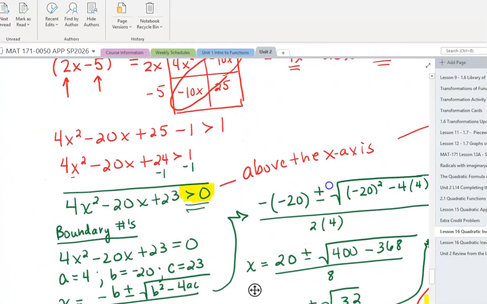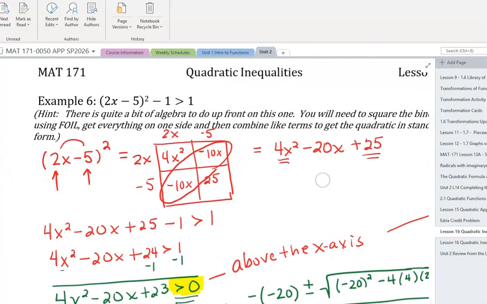If we go back up to example 6, the reason it's different is really because of this right here and this right here. We had some things outside of the square that we had to combine with this before we could solve it and get that inequality with 0 on one side.